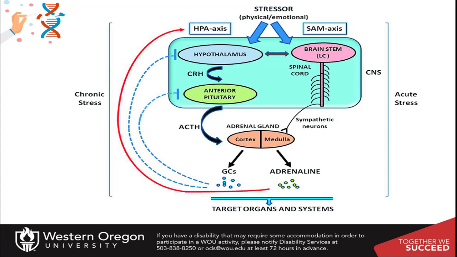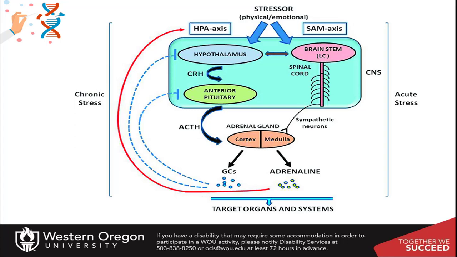Hypothalamus, pituitary, down to the adrenal gland that's sitting on top of the kidney, and it's going to cause the release of the glucocorticoids. Right? So this is the primary pathway for cortisol.